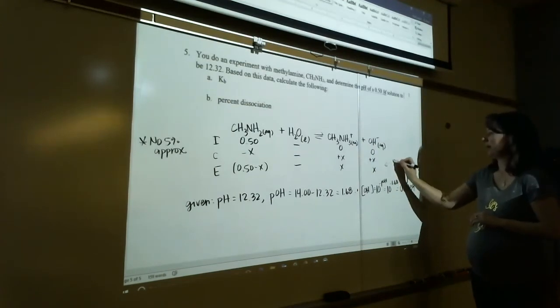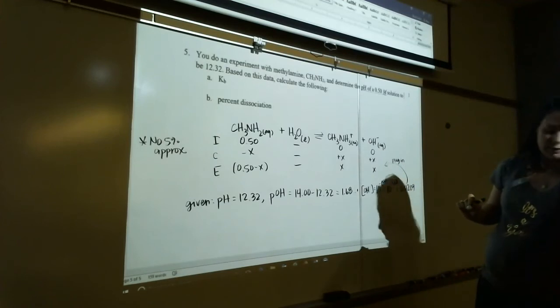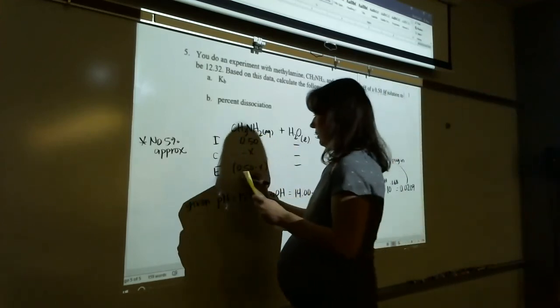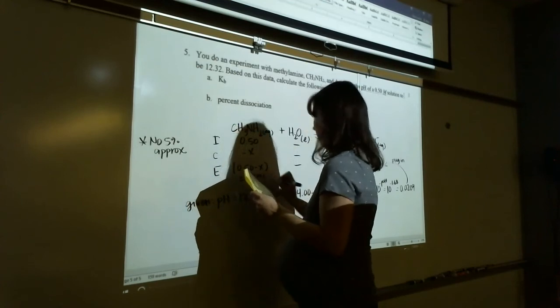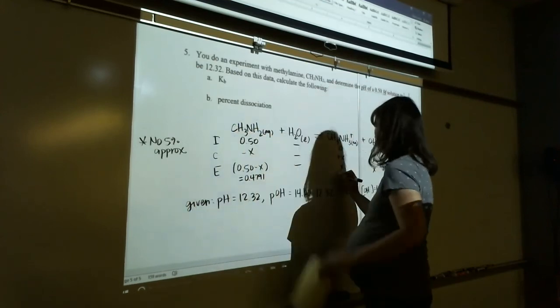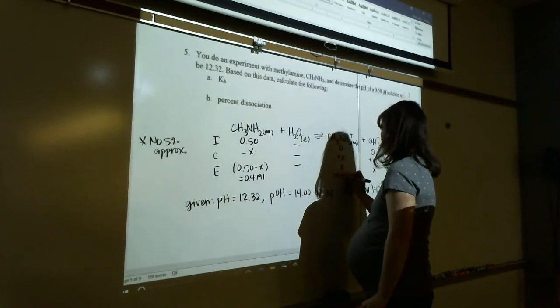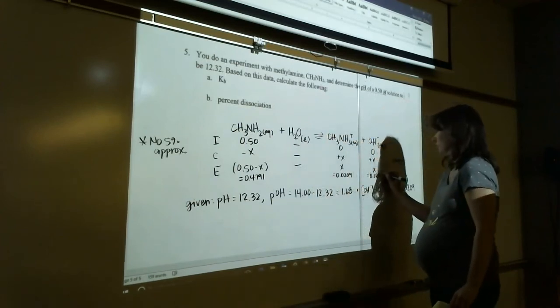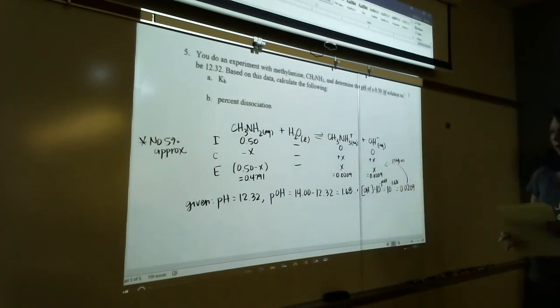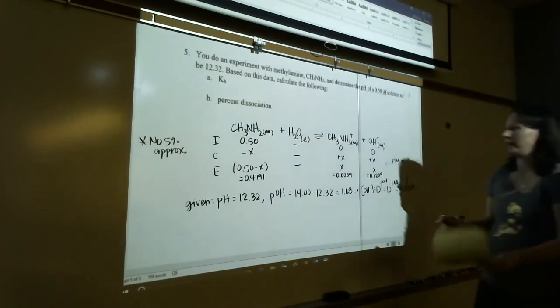Which I now plug in as x. So when I plug that value in as x, I get 0.4791. Worry about sig figs later. 0.0209. 0.0209.